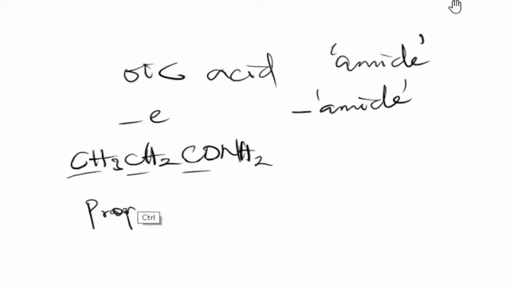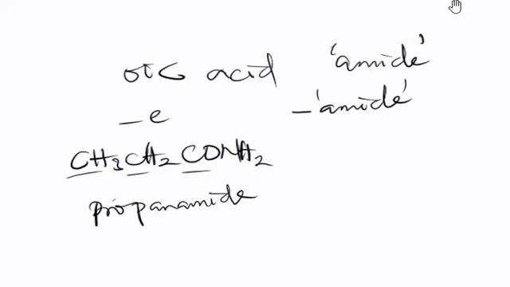But then for the amide here, since 3 is prop, I'll have this as propanamide, and this is simply achieved by removing or replacing the E in the propane with the word amide. So this is propanamide.